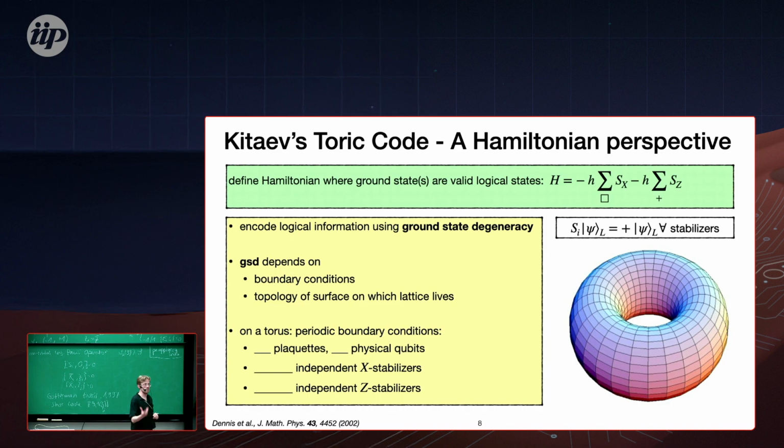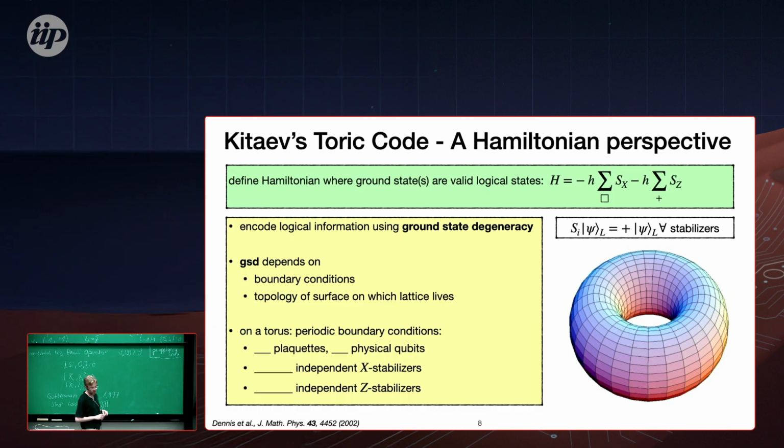How much information we can then encode depends on the degeneracy of this ground state, which is identical to how we split this Hilbert space until we have k degrees of freedom left in which we can encode quantum information. And if we put this lattice now on some manifold like this torus, the ground state degeneracy depends on boundary conditions and on the topology of the surface.